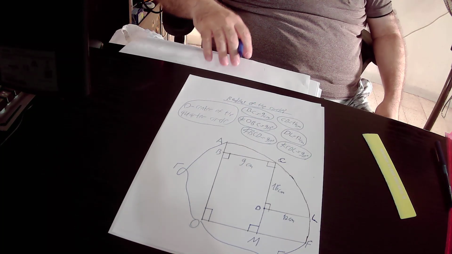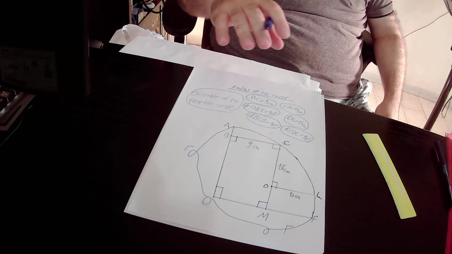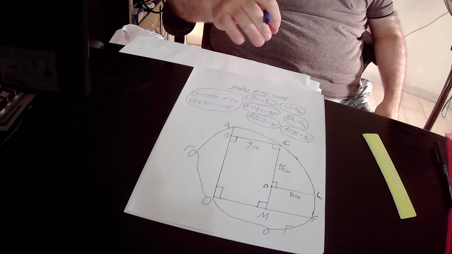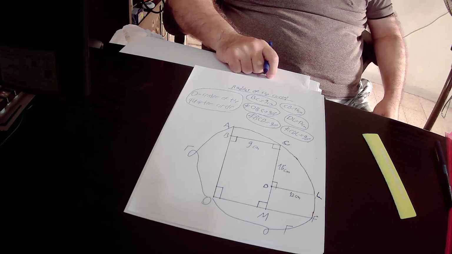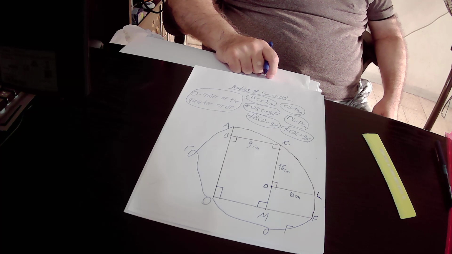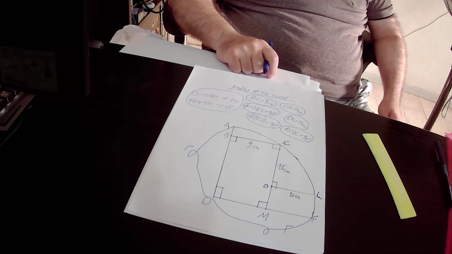So actually we found out that inside quadrilateral BCOM we have 4 right angles. And any quadrilateral that has 4 right angles must be at least a rectangle, if not a square. So we relate to quadrilateral BCOM as a rectangle.